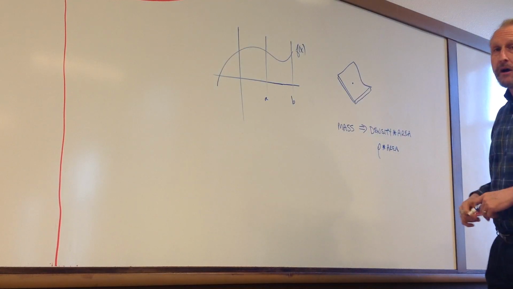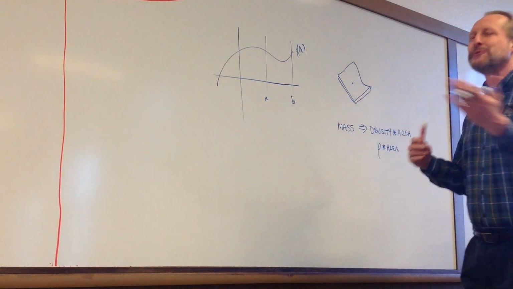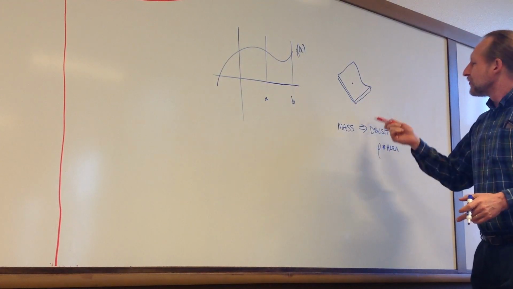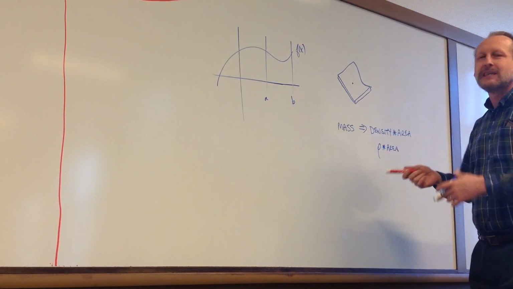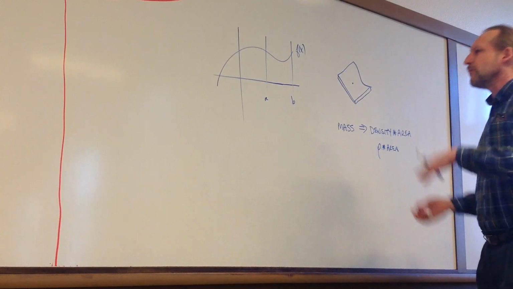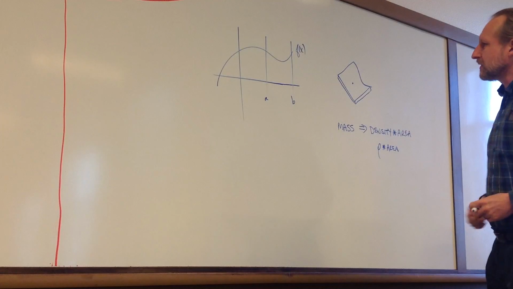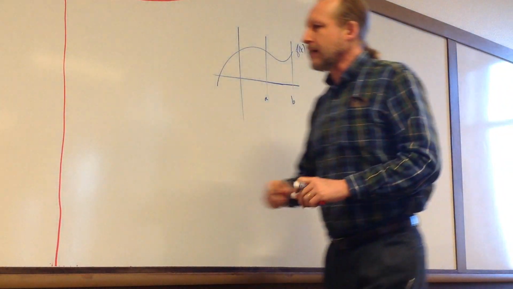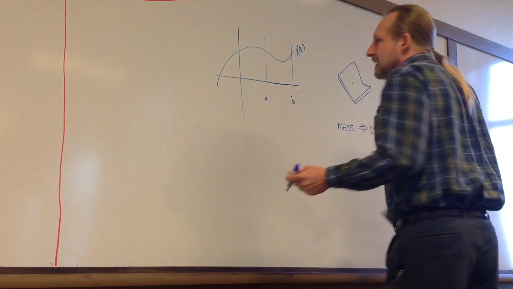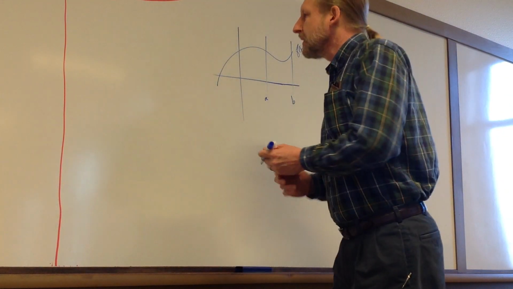Now, if you get into more sophisticated approaches, you'll see problems where the density is not uniform, but rather is a function itself, and then you'll have to go back in and revisit some of these ideas.